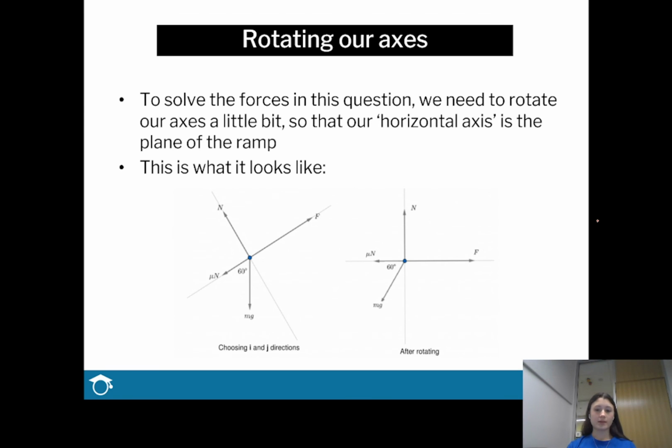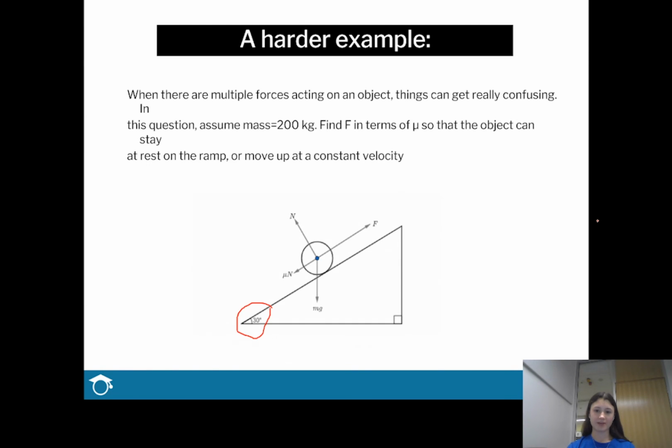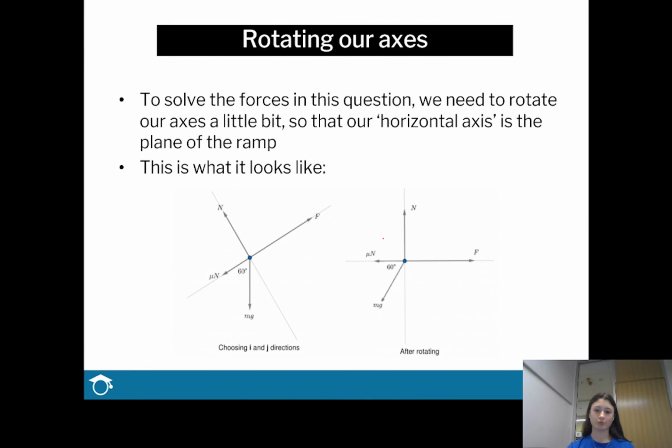So in these cases, instead of just leaving our axes like this, where we'd have to alter a lot of things, it's actually easier to rotate the axes like we have on the right hand side here.